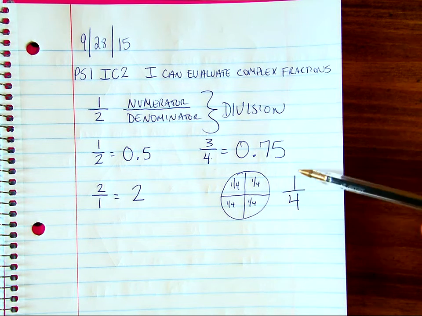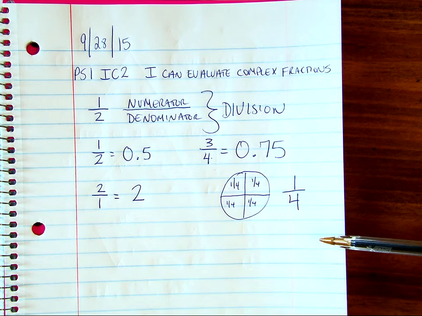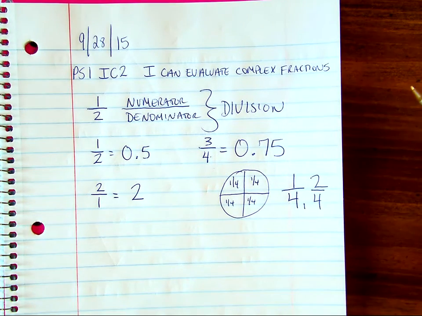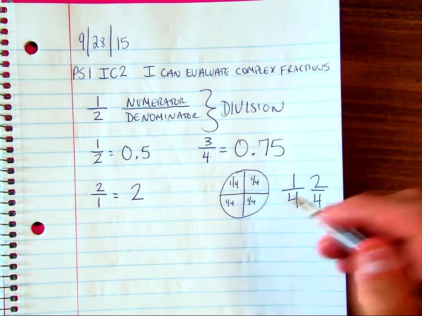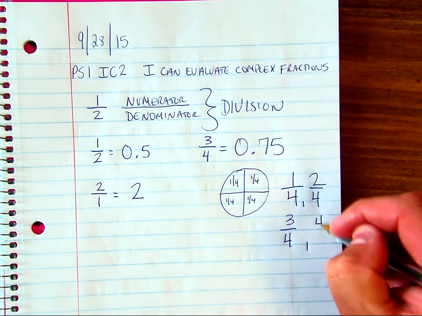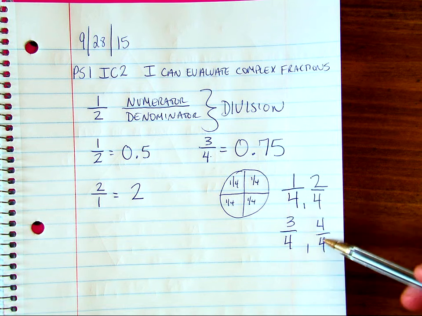The second quarter would be 2 out of 4. The third quarter is 3 out of 4. And then you have the fourth quarter, 4 out of 4. They're not going to play anything else after that.